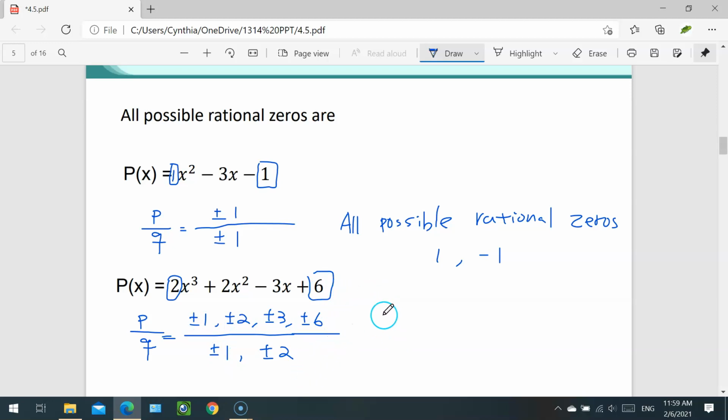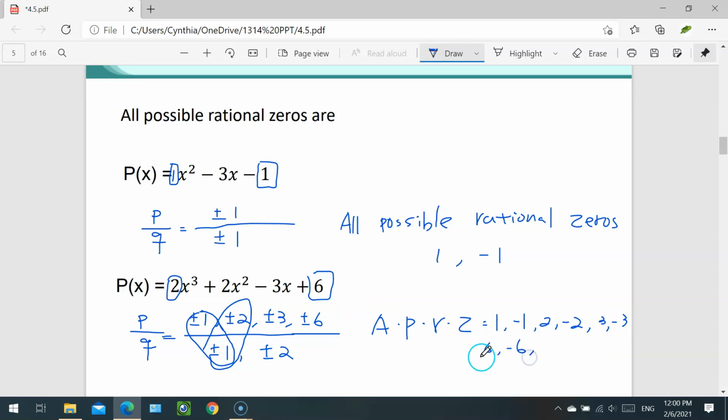Now we can organize all possible rational zeros. Coming from 1 divided by 1, which is 1, but you have two signs, so we put 1 and negative 1. 2 divided by 1, you get positive 2 and negative 2. 3 divided by 1, you get 3 and negative 3. 6 divided by 1, you get 6 and negative 6.